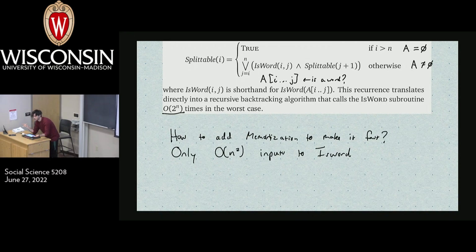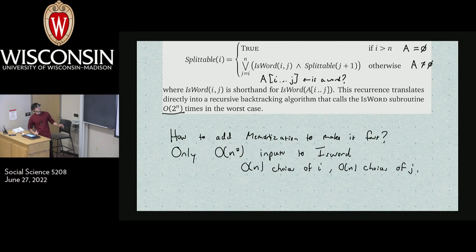Because you have n choices of i, n choices of j. So we know we'll only ever call isWord O(n squared) times. So we'd expect the algorithm truly to be O(n squared), not O(2 to the n).